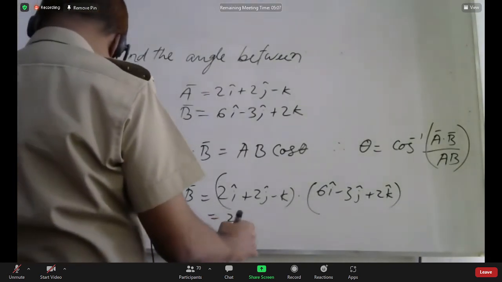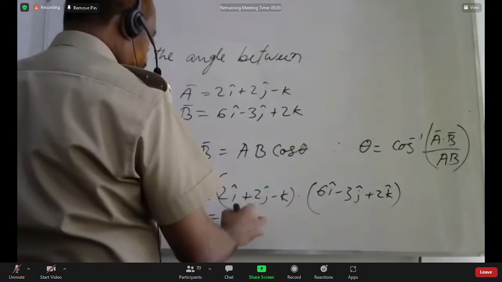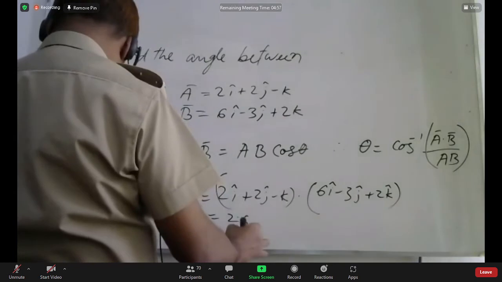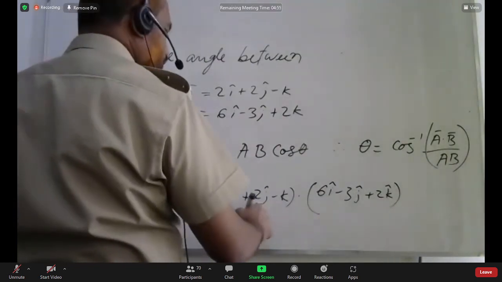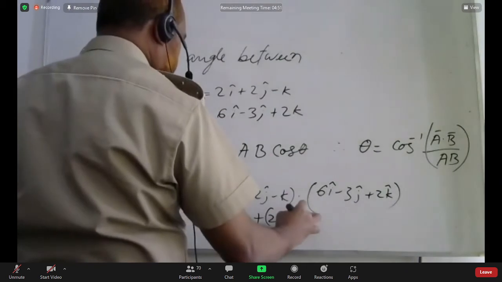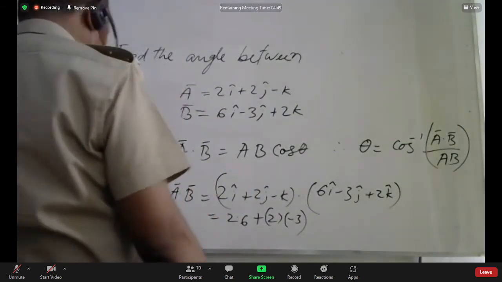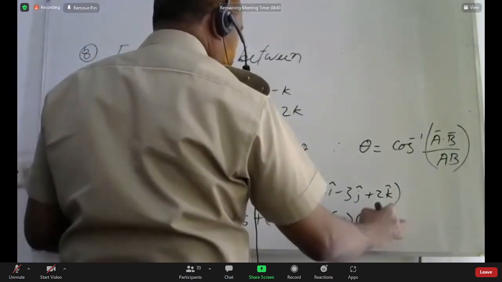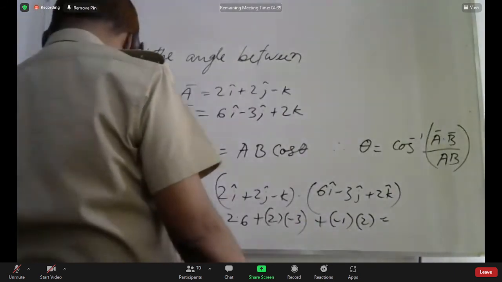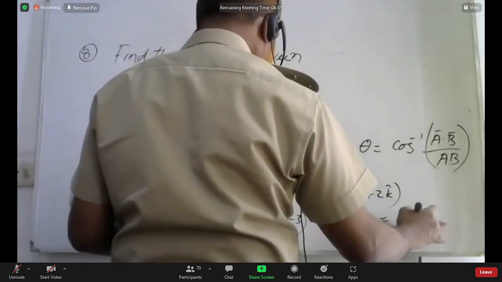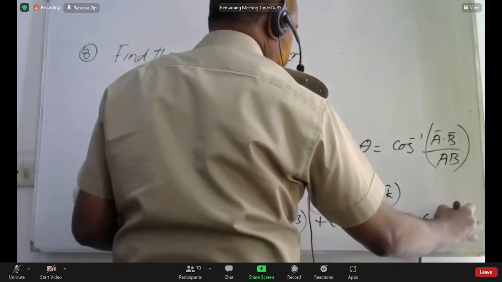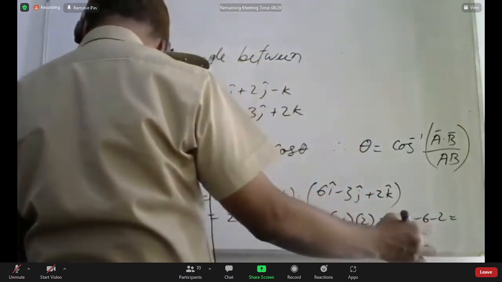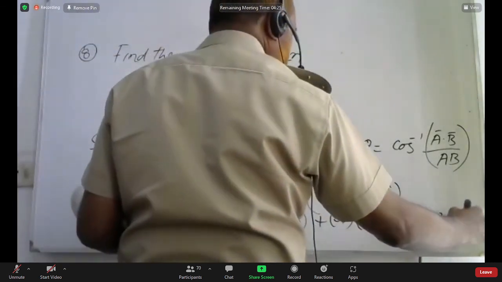I dot I is 1, and other things are 0. So 2 into 6, then plus 2 into minus 3, and then plus minus 1 into 2. This is equal to 12 minus 6 minus 2, and this is equal to 4, isn't it? Yes, sir.